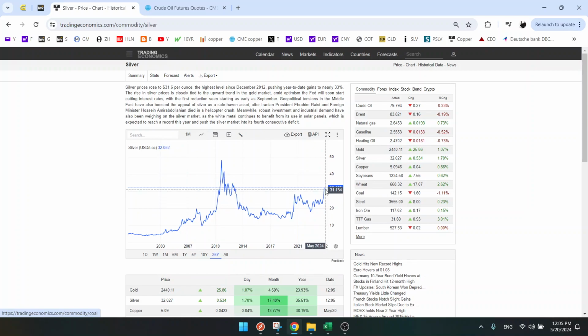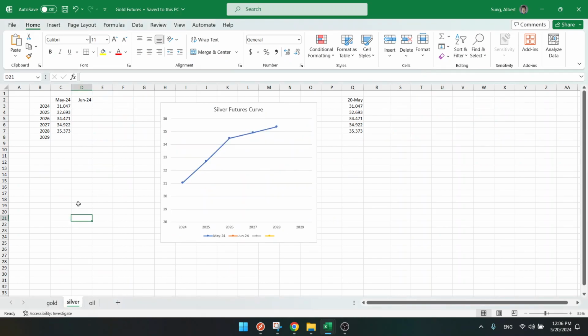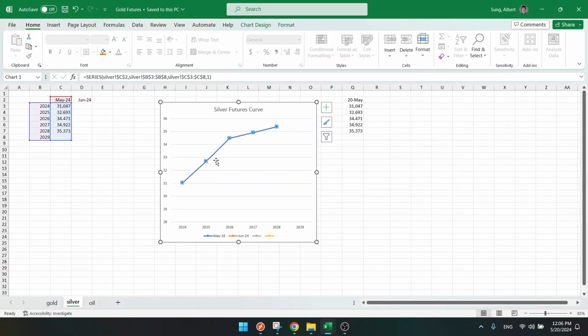And here we can see that people are predicting silver to go to 40. Some even say 100 or 50. Who are you going to believe? That's just technical analysis. What we are going to use is a quantifiable number, which is the futures curve of silver. And this is the curve today, 31 going to 35 in a few years.